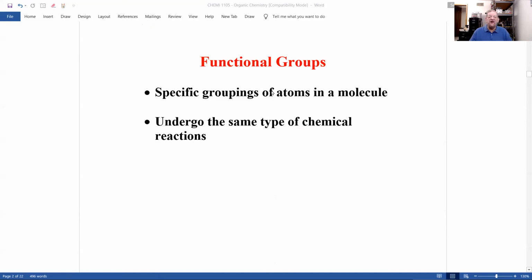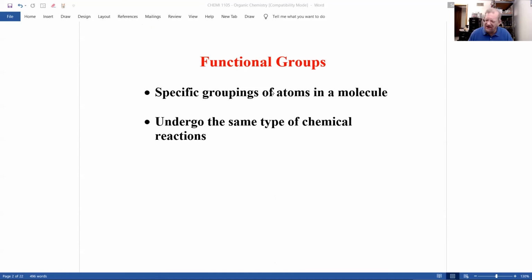Now, one of the most amazing and powerful and wonderful things about organic chemistry is what we call functional groups. I'll never ask you what a functional group is, but it's a specific group of atoms in a molecule.